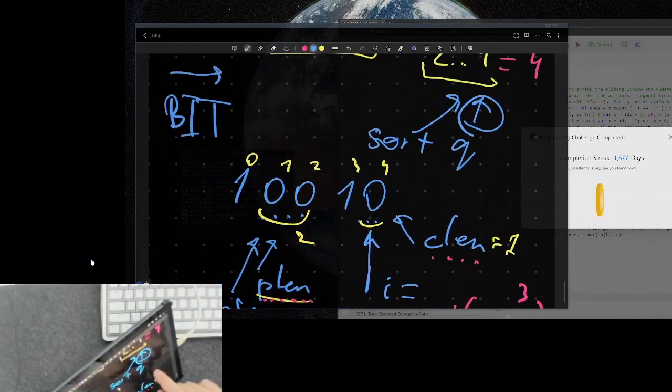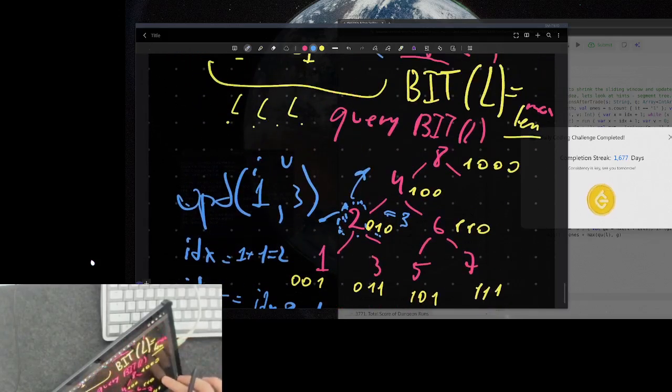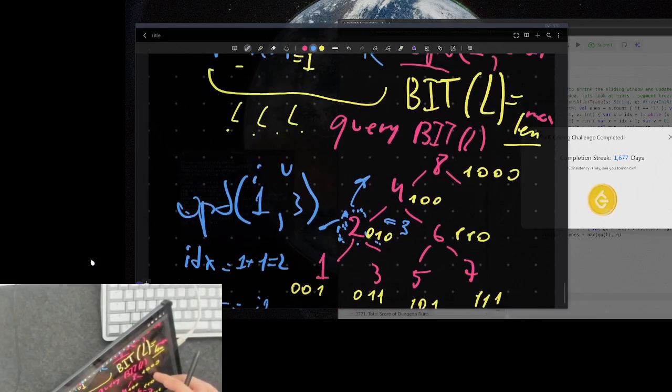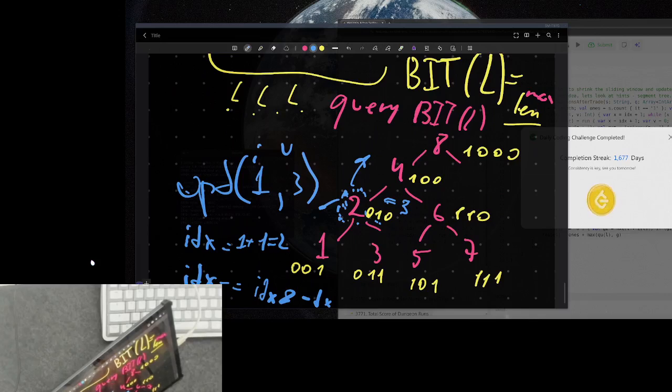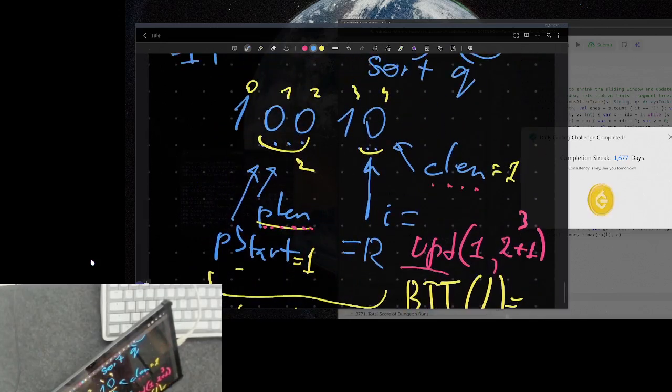However, this solution only partly works, because the binary indexed tree skips, exactly for this reason of 2 being the leaf. We can't, for example, query 2.